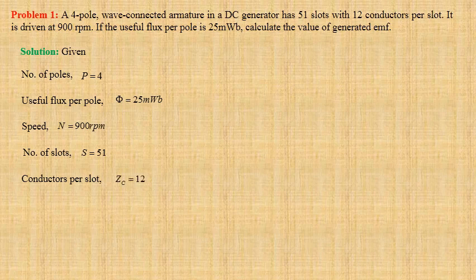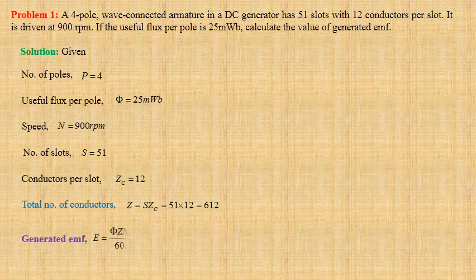Let us first calculate the total number of conductors. Z equals S times Zc, that is equal to 51 into 12, that gives us 612. Expression for generated EMF E equals phi Z N P divided by 60A.